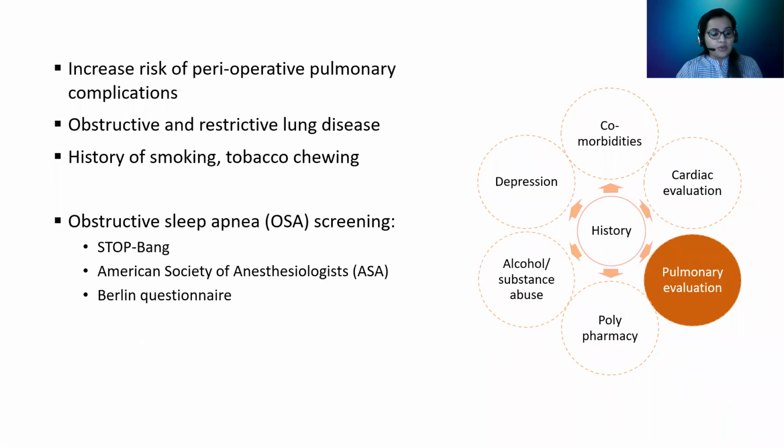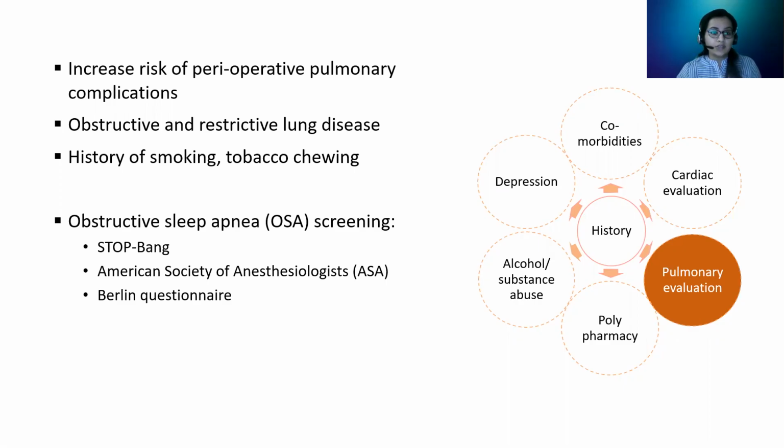These patients are also at increased risk of perioperative pulmonary complications because of the increased incidence of both obstructive and restrictive lung disease with age. Hence, basic preoperative pulmonary assessment is a key component to stratify risk as well as to optimize these patients.